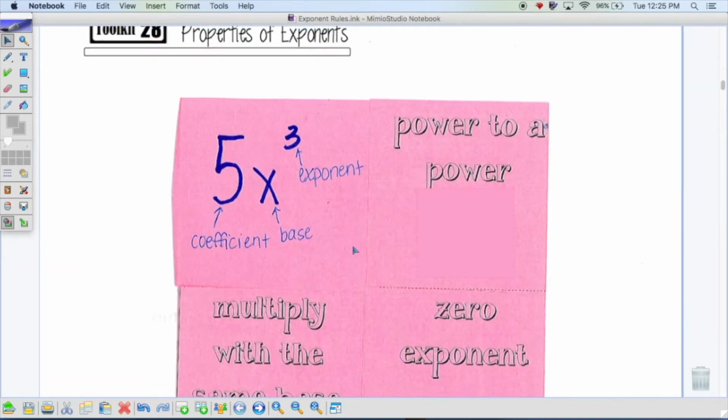Okay, let's take a look next at a power to a power. What that means is I'm raising something to a power, and then I'm raising that again to a power. So an example of that would be 5x to the third power, to the third power. So notice, I am raising it to a power and then to another power.